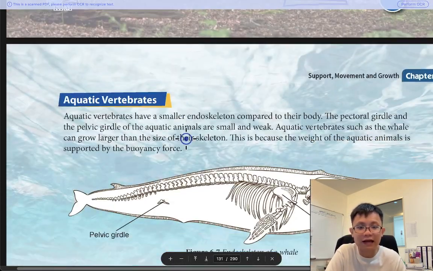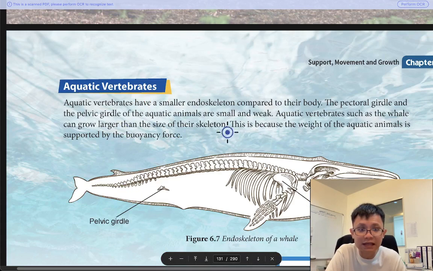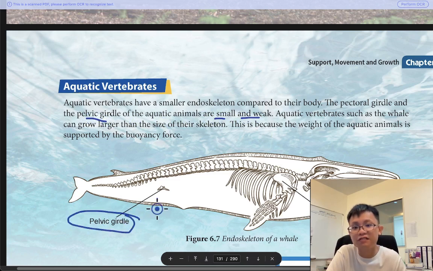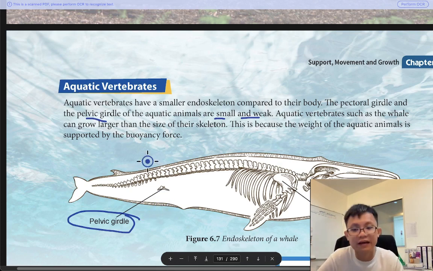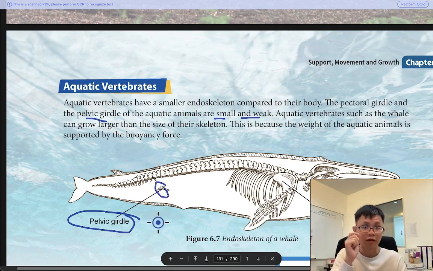Okay, let's look at the aquatic animal. We can see that the aquatic animal's pelvic girdle is small and weak. You can see or not? Smaller. Oh my goodness, this pelvic is really small. The human one is so big, but we can see that the whale's is very small and weak.